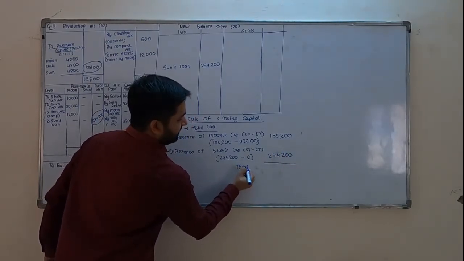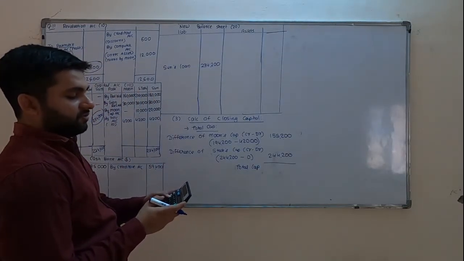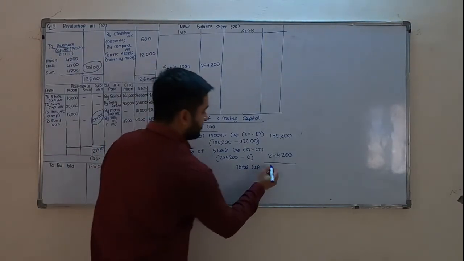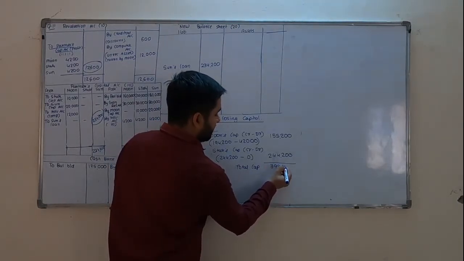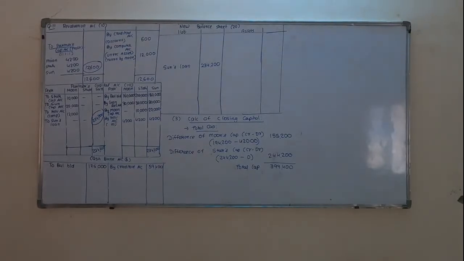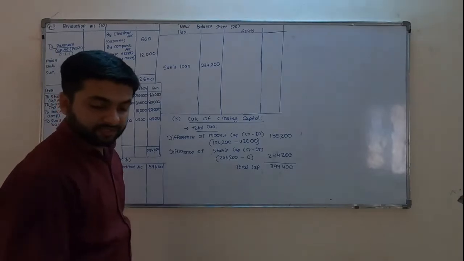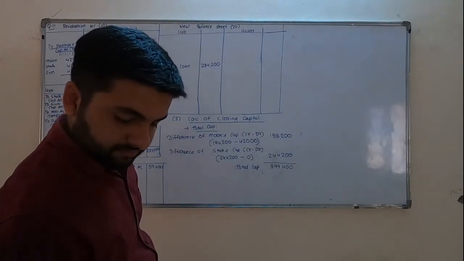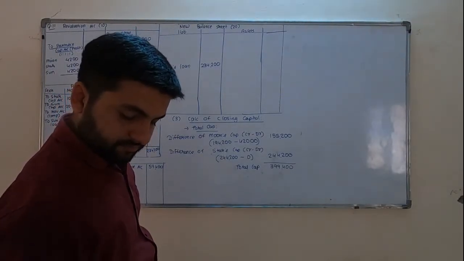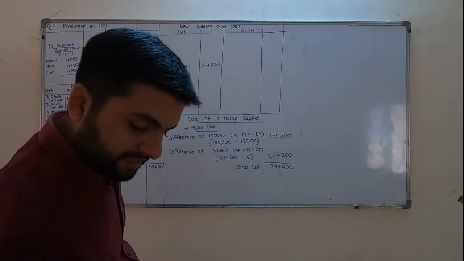Now the total capital, 155,200 plus 244,200 is 3,99,400. Okay. Now this is to be maintained in their new ratio, which is 5:1.